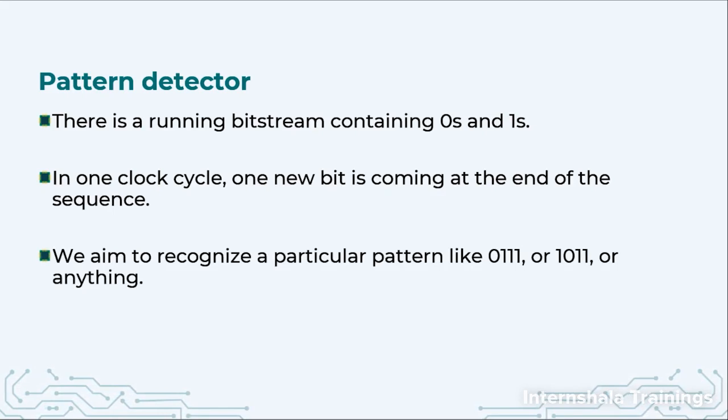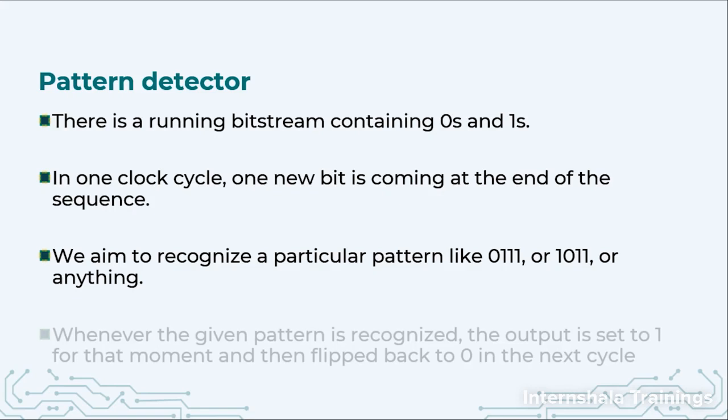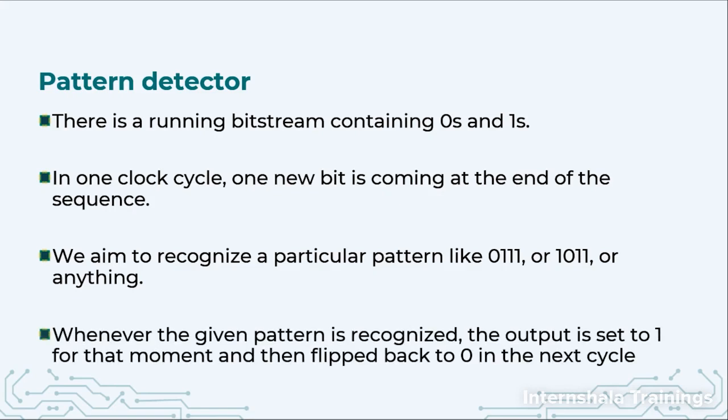Our aim is to detect or recognize some patterns, like I am interested in finding 0111 or 1011 or 10111, anything like that. In that infinite stream, we have to detect the presence of these patterns, and whenever the detection or the recognition is done, we will indicate in our output by showing the output value as 1. So whenever we recognize, the output flag is raised to 1, otherwise the output remains 0.